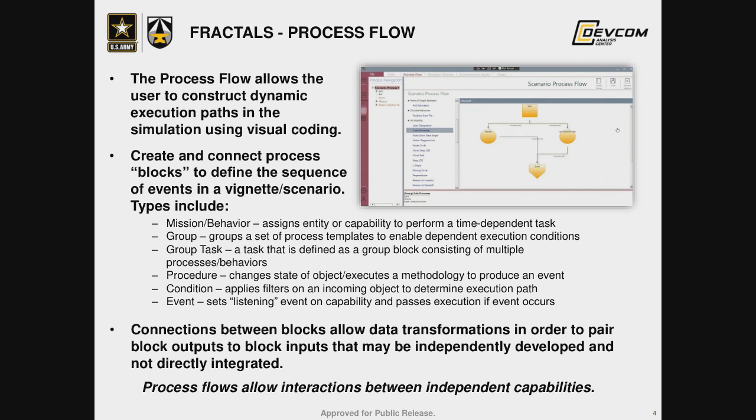But for the most part, we have common basic building blocks like the entities, capabilities, or locations, and you may have to transform that data to get to the expected input of a different behavior. So the process flow has all these things built into it to allow interactions between all these independent capability modules that already exist or will exist in the future.